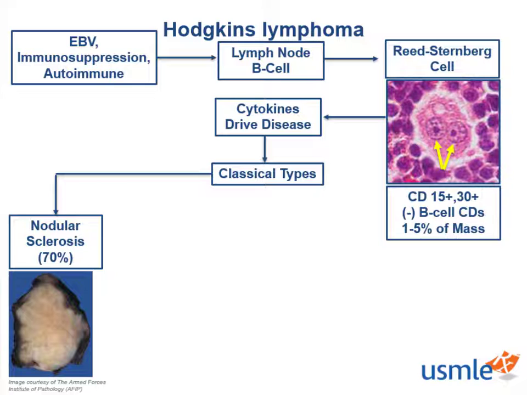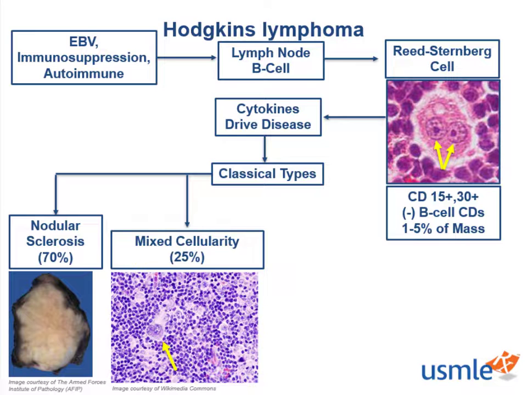The next form of Hodgkin's lymphoma, making up 25% of cases, is called the mixed cellularity pattern, where there is a mixture of immune cells found. The yellow arrow indicates the ever-present Reed-Sternberg cell. In this form, eosinophils are especially noteworthy.